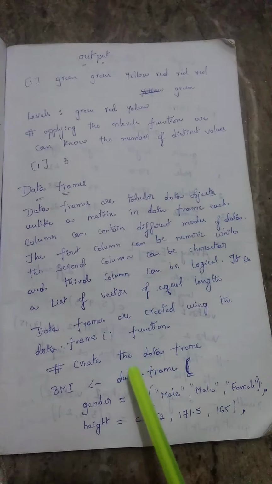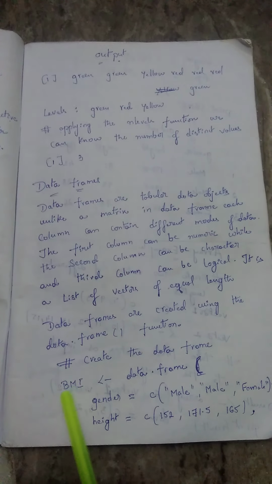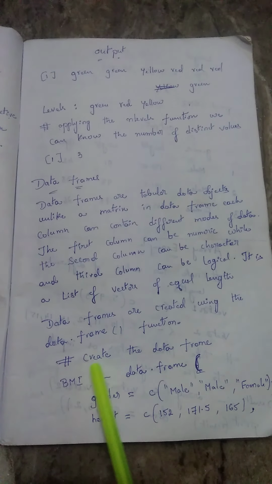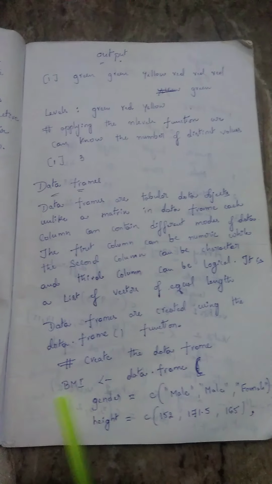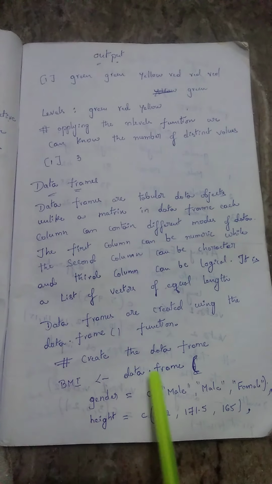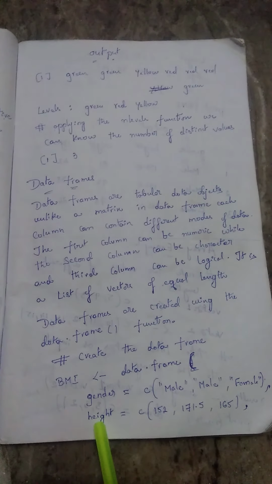That means a group of different data types can be presented in the data.frame function. We are creating the data frame, with the hash symbol making the comment here: creating the data frame. BMI is the body mass index. With the prompt symbol we are creating the data.frame with gender and height.